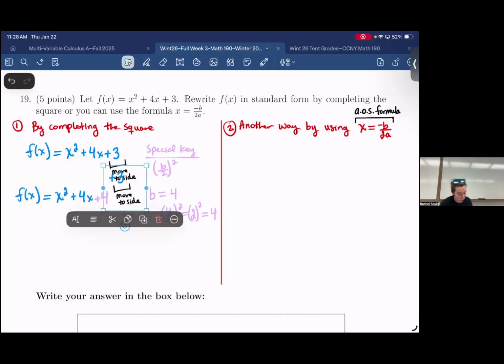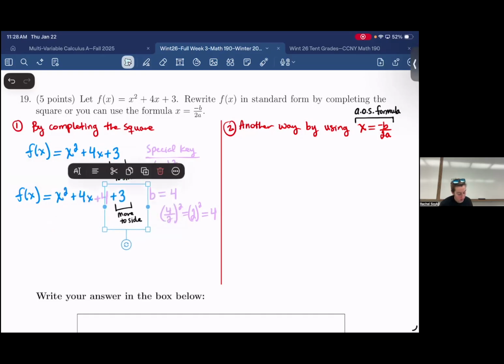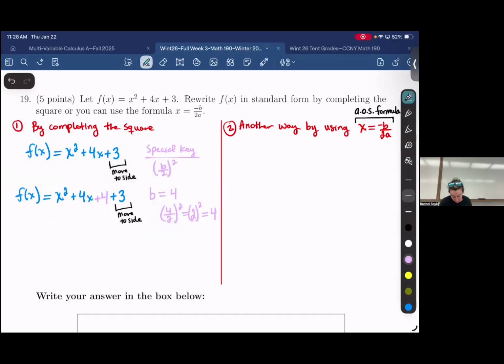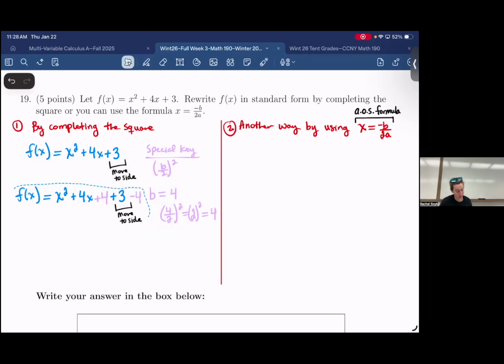But if we add a plus 4, we need to subtract a 4 to keep everything balanced. So maybe I'll box this area so it doesn't get confusing.